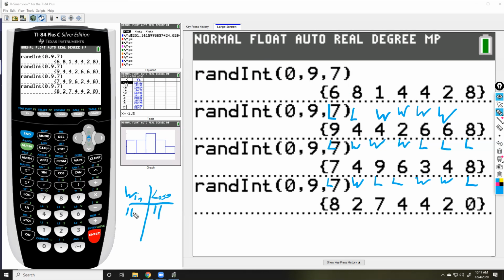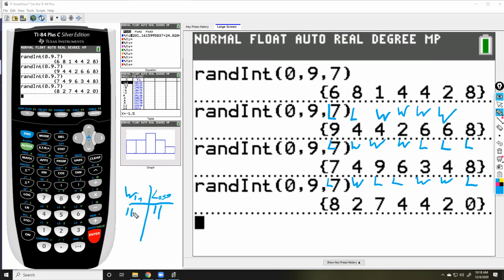So in theory, what we would do is gather several different trials of this, simulate this event happening over and over and over, and get an estimate based on that of the probability. Right now, they've won the series 2 out of 4 times. So we'd estimate a probability of even 50%.